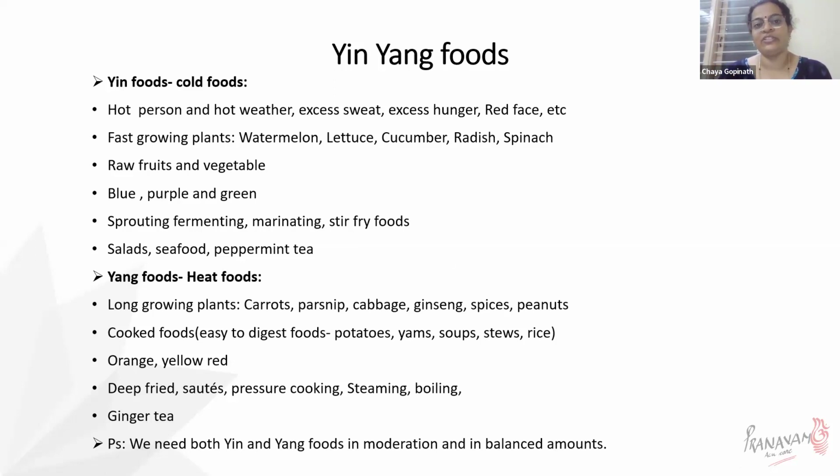Because we know too much of yang will cause yin related issues or yin deficiency related issues. So you need to be mindful and eat both yin and yang kinds of foods daily. If you're having a balanced meal which incorporates all these 5 tastes or all these 5 elements, that is the right kind of food that you can have.